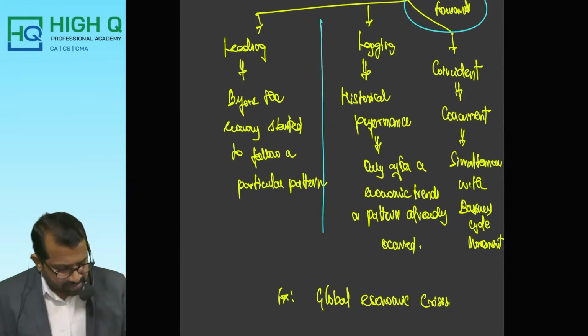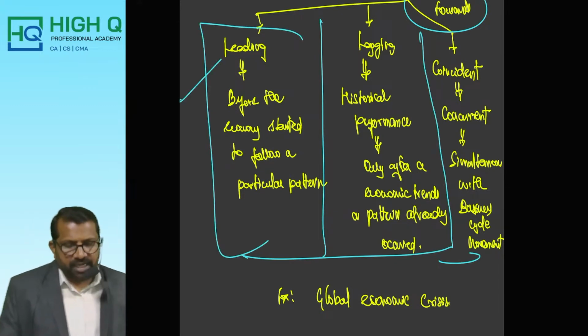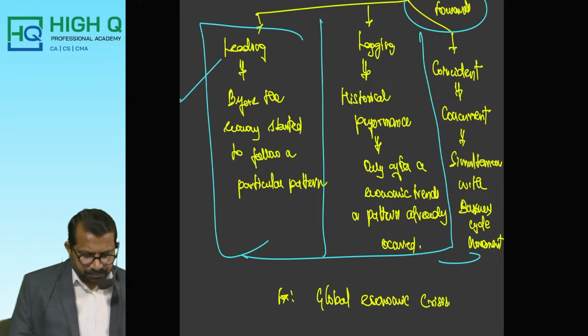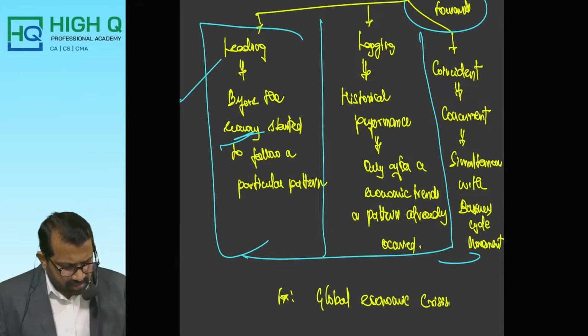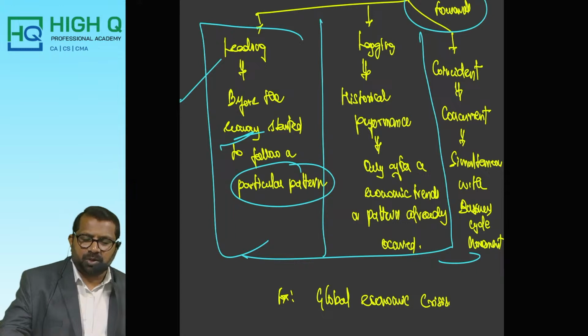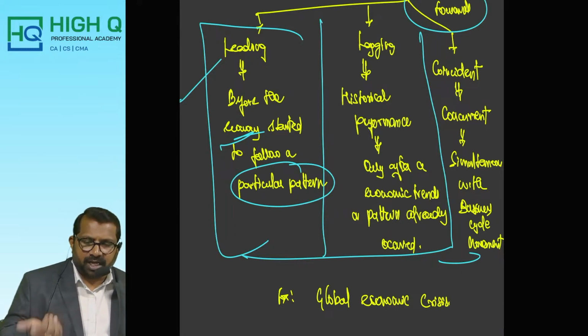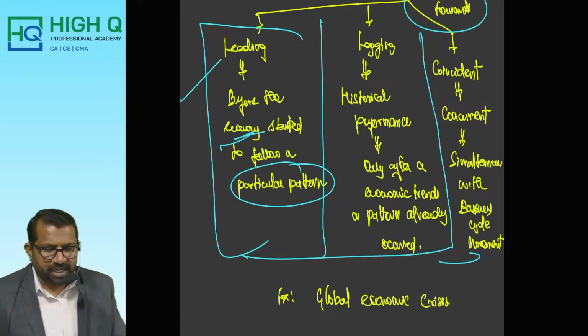There are various types of indicators. First one is the leading indicator. Before the economy starts to follow a particular pattern, whether economic growth will increase or decrease can be identified with the help of the leading indicator.